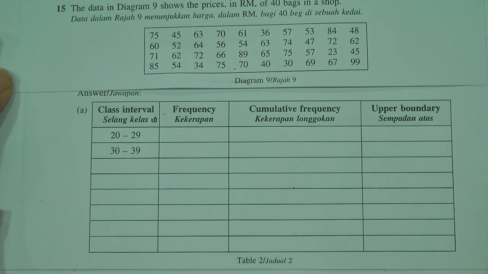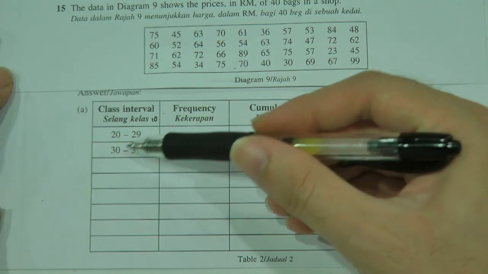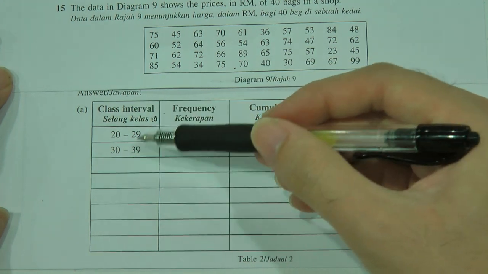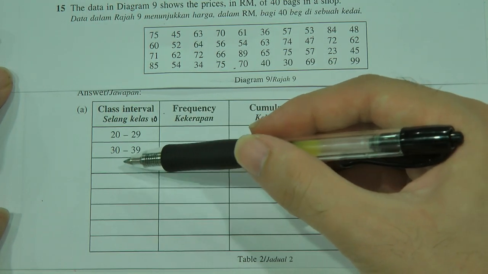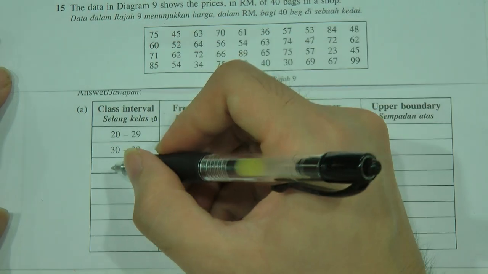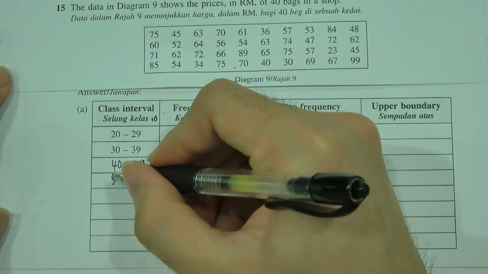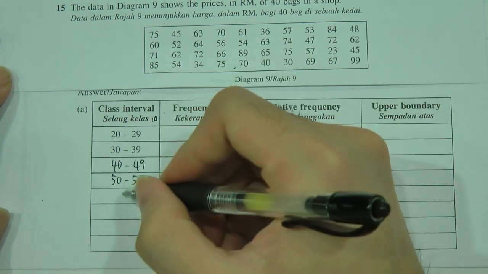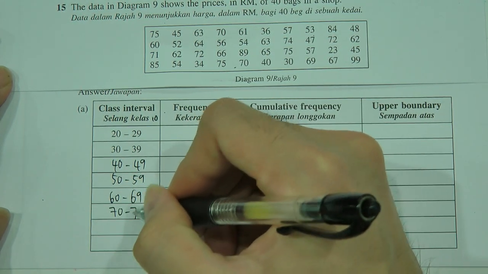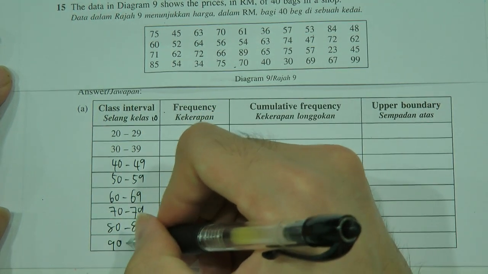Then you continue with 30, which is next to 29, am I right? So 30 to 39. We can roughly see the pattern. The next one is obviously 40 to 49, then 50 to 59. I'm going to complete this very fast: 40 to 49, 50 to 59, 60 to 69, 70 to 79, 80 to 89, 90 to 99.